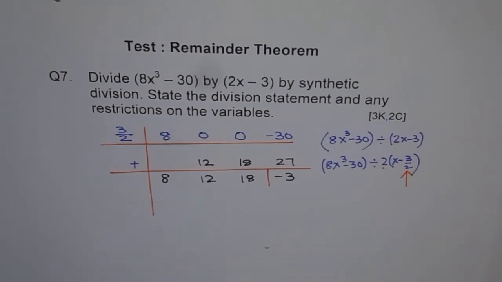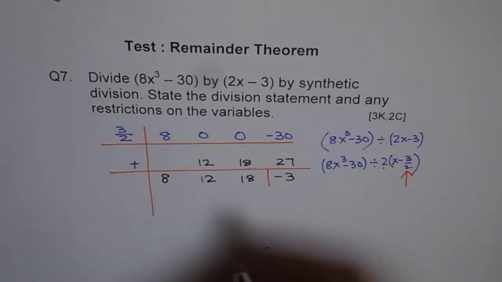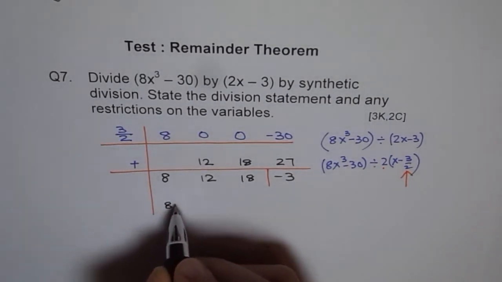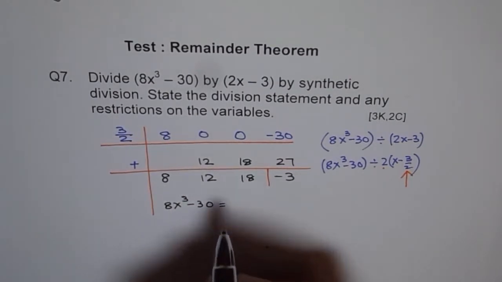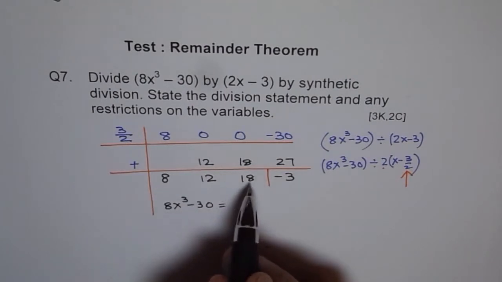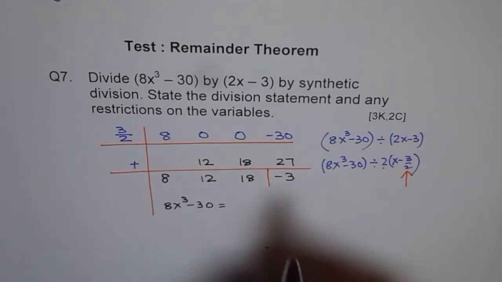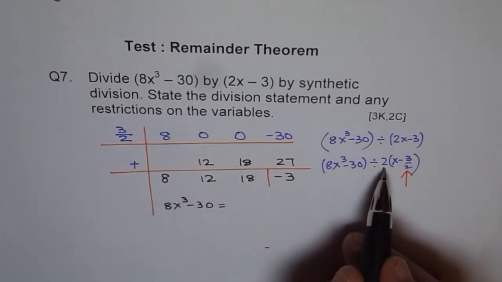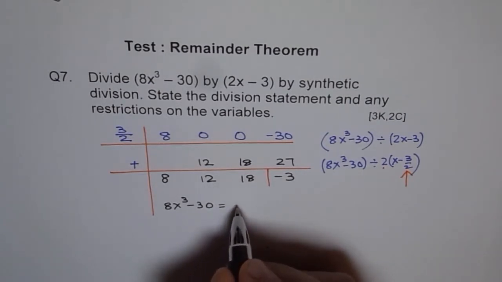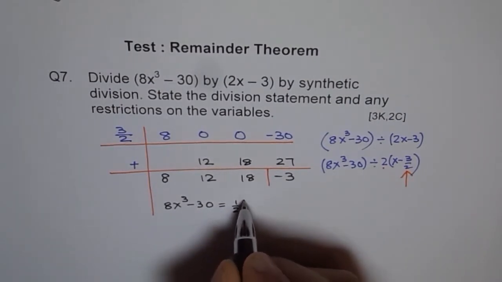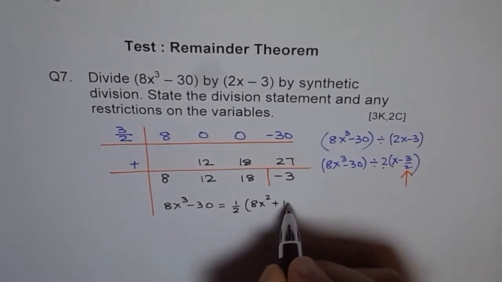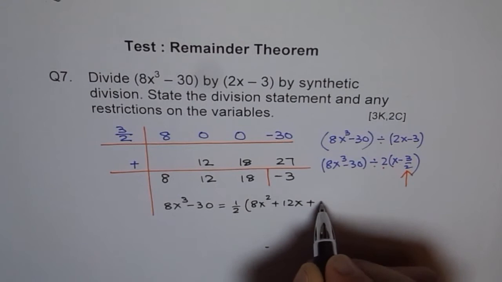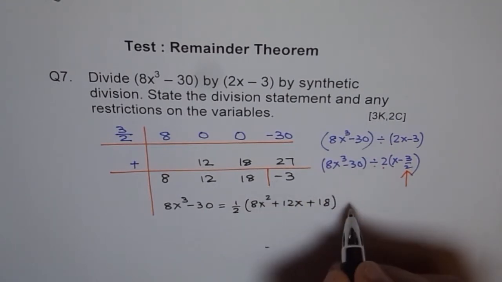Therefore, our answer for this will be 8x cubed minus 30 is equal to all this divided by 2. So let me write it in 2 steps because of this 2, right? So we say half of 8x squared plus 12x plus 18, minus 3, the remainder, right?